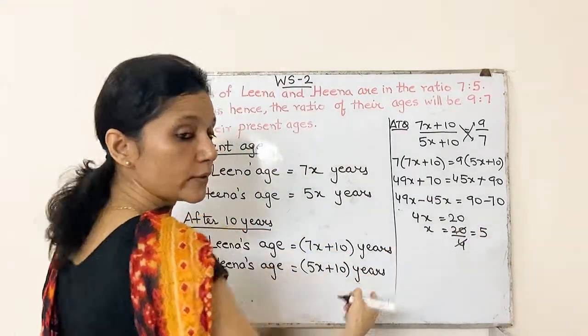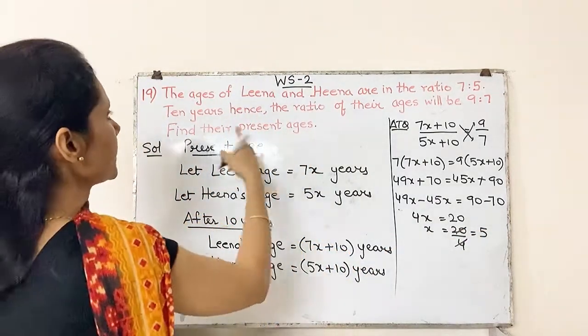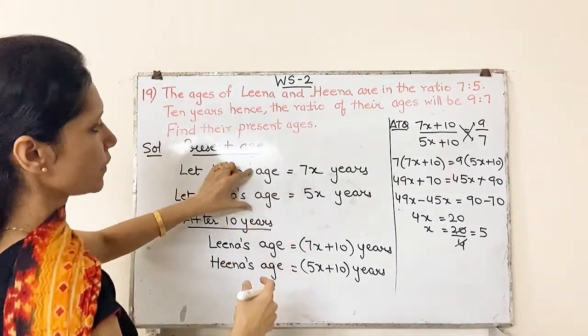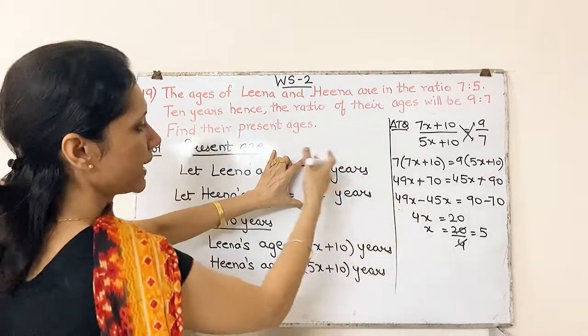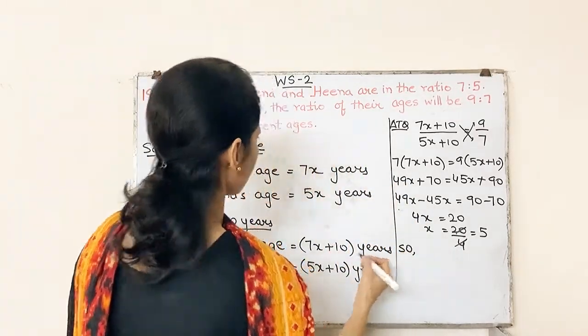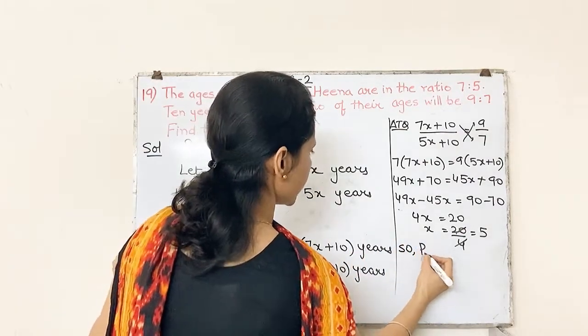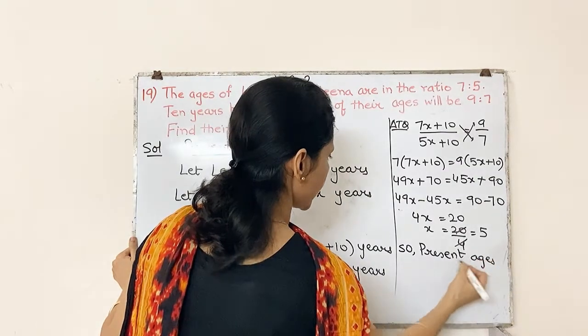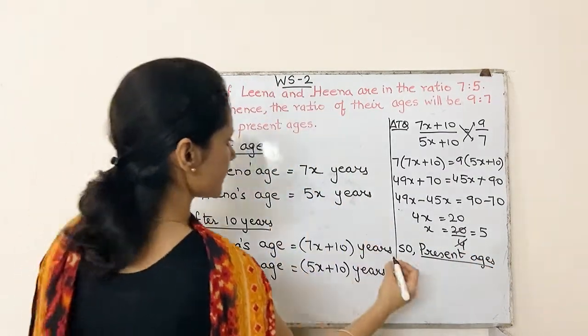Now after we found out the value of x, let's see what is asked in the question. They are asking find their present ages. So these were the present ages. Let's put the value of x in this. Present ages. Give the heading again as present ages.